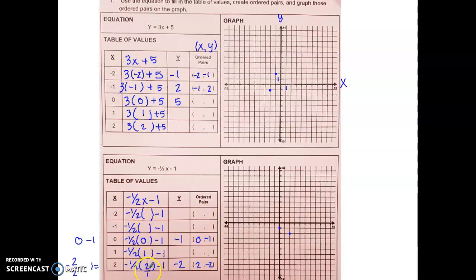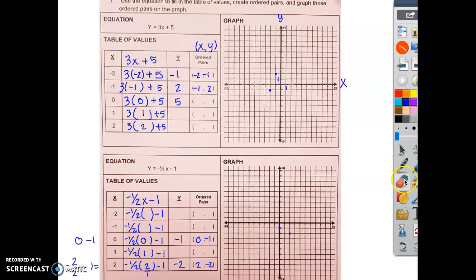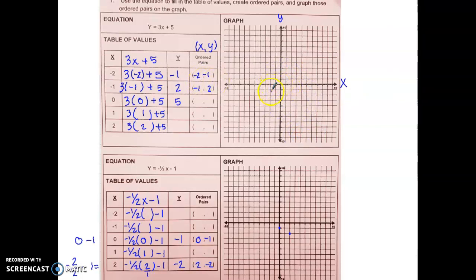Again, fill in those x's, solve for your y, get the ordered pairs, and then plot the points and graph your equation. And these 2 things right here are just 1s. Negative 2 comma negative 1, and then negative 1 comma positive 2. That was my second point.